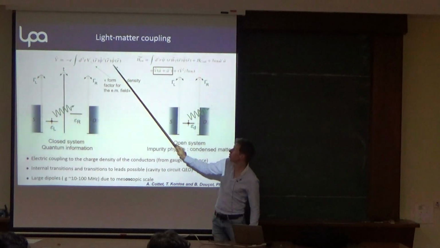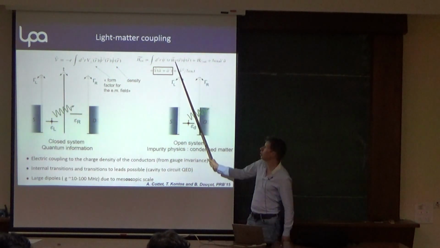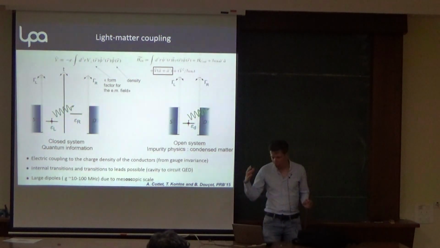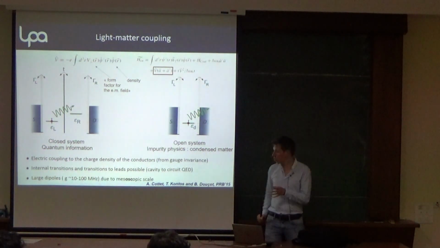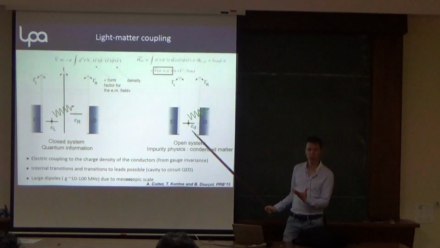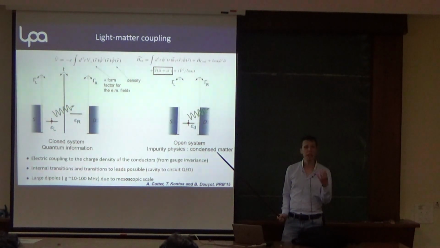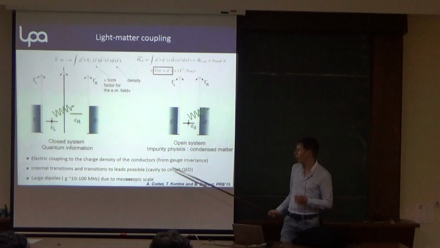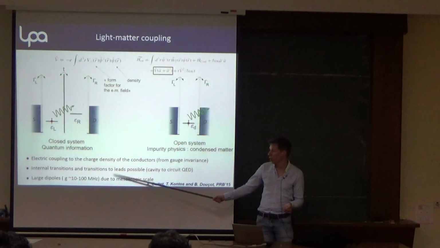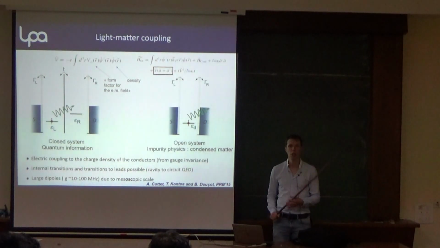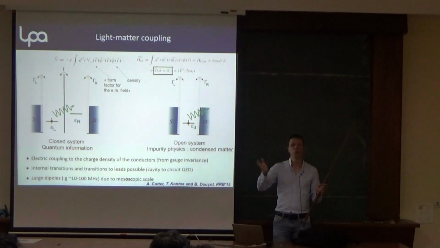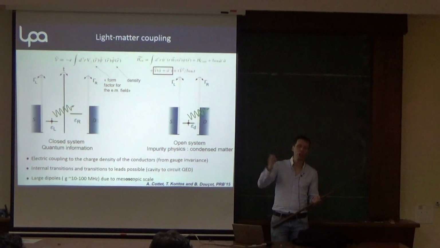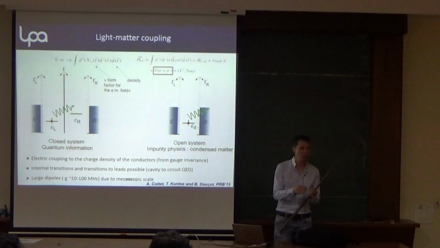You have the density of electrons, which couples linearly with the electric part of the electromagnetic field. Since we're dealing with mesoscopic objects, the dipole corresponding to these transitions is very large, and the coupling at the mesoscopic scale is around 10 to 100 megahertz. And this is, of course, one of the reasons why circuit quantum electrodynamics is so efficient: you have very large dipoles.